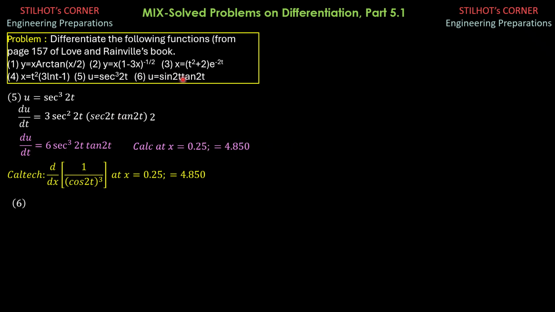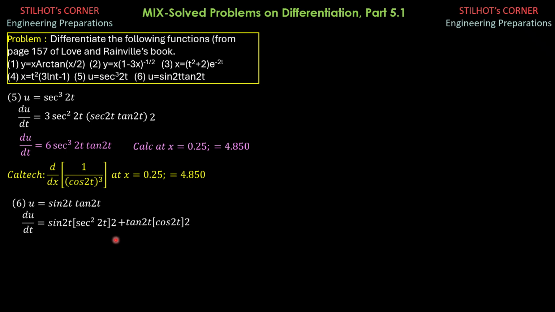Then lastly, number 6, u equals sine 2t tangent of 2t. So this is a derivative of product. So du/dt is sine 2t, derivative of tangent is secant squared of 2t, then times 2, then plus secant tangent 2t, derivative of sine 2t is cosine 2t times 2.